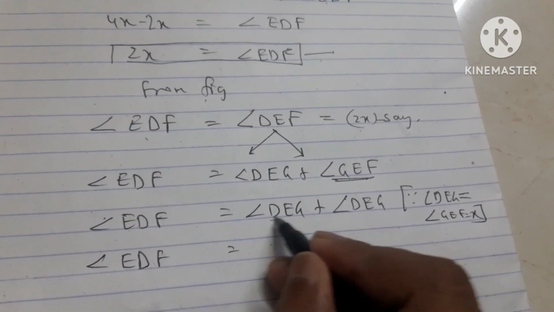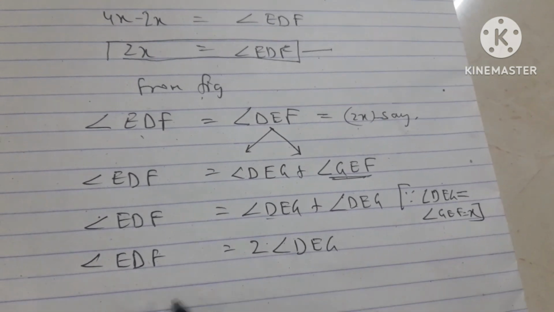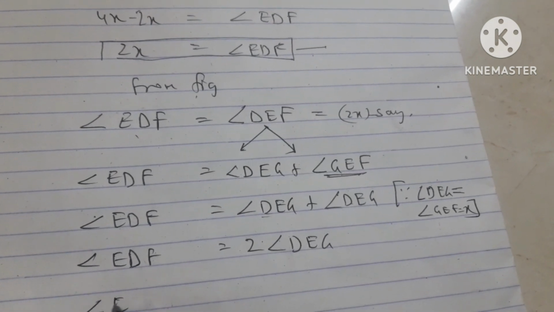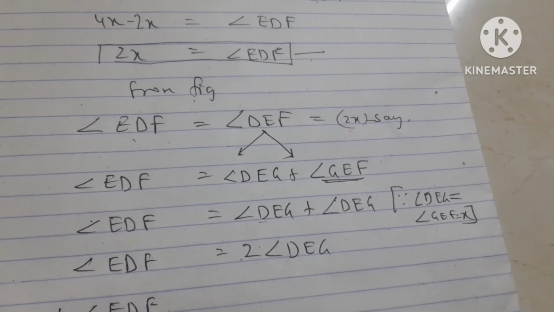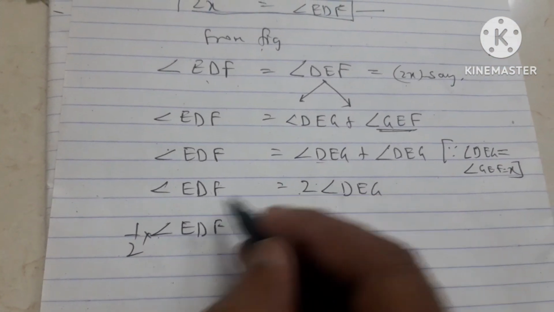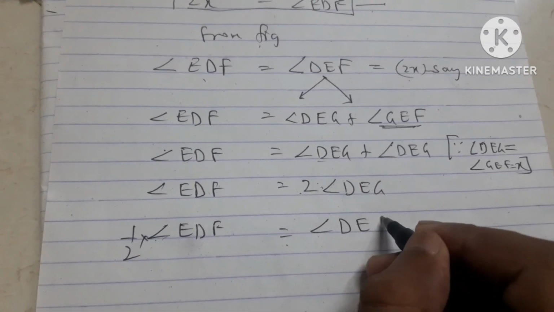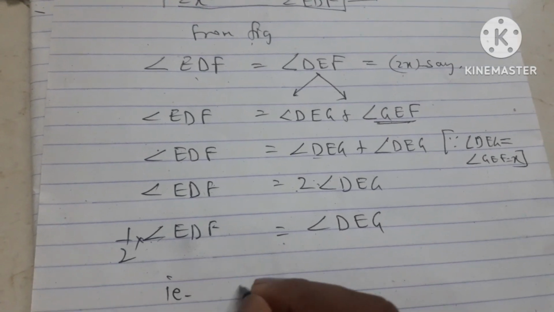Here if you add, these two are the same, so you add 2 times. You get 2 times DEG. Now the 2 you bring to this side; it is multiplied here, so it goes there and gets divided. It becomes half here. So half of EDF equals angle DEG, and that is what we were supposed to prove.